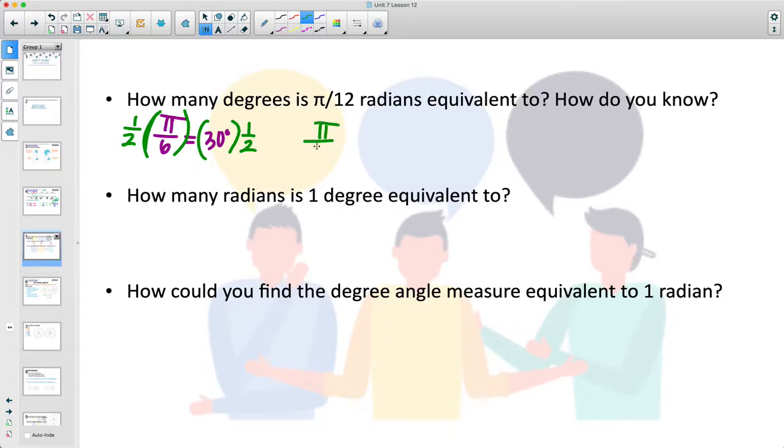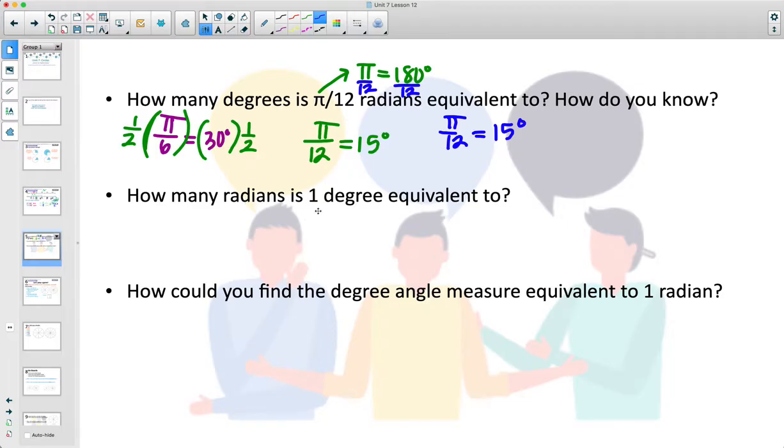So pi over 12 is going to equal 15 degrees. You could also take pi in degrees. So if we know that pi equals 180 degrees, we could just divide each of these by 12 as well. And then you would end up with pi over 12, or 180 divided by 12, which is 15 degrees.